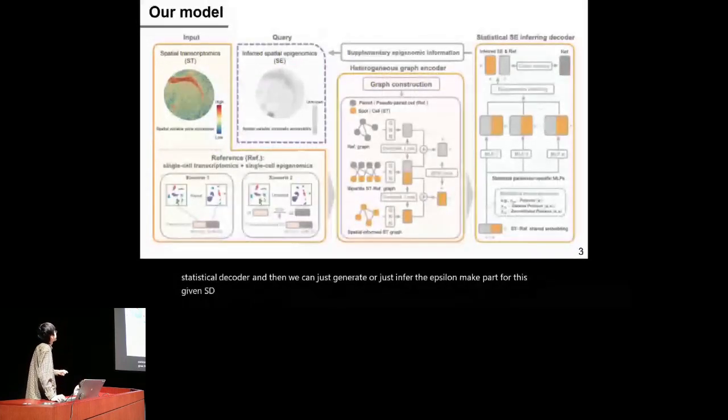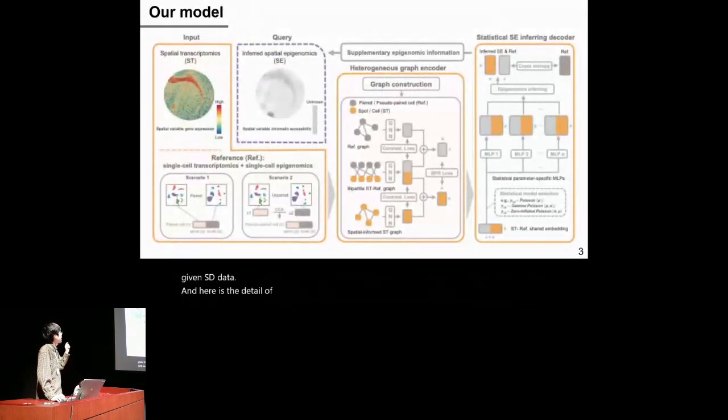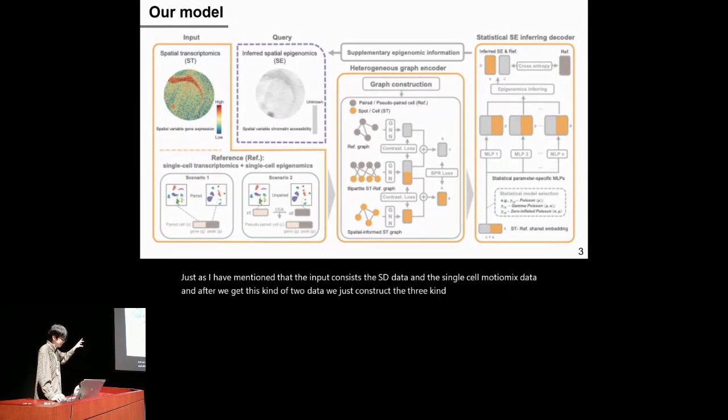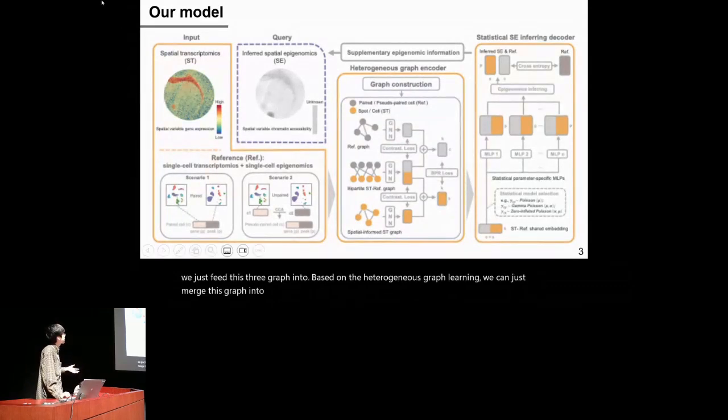And here is the detail of our model. As I have mentioned, the input consists of the ST data and the single-cell multi-omics data. After we get these two data, we construct the three kinds of graph: the reference graph, the reference and ST graph, and the ST graph. Then, based on heterogeneous graph learning, we merge these graphs into one embedding space.